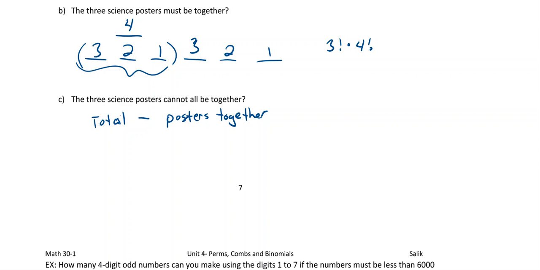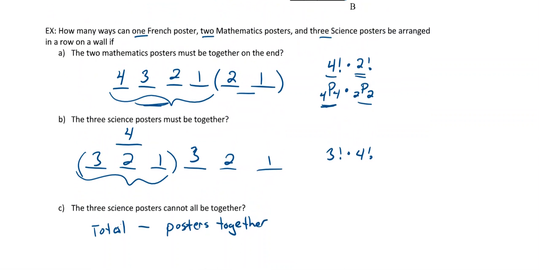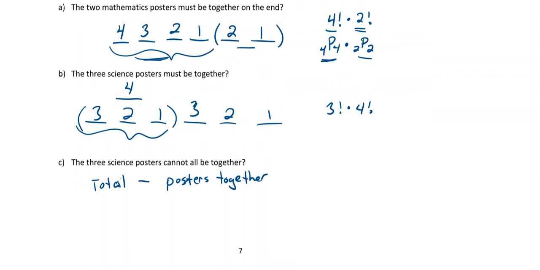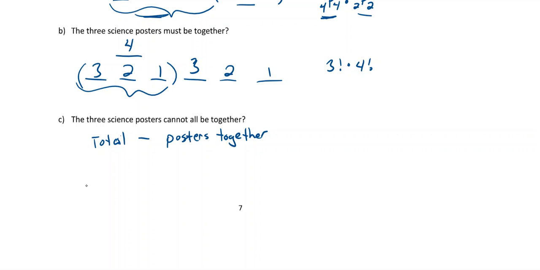So what would the total be? Well, the total would be if I didn't care what kind of posters they were at all. Then there's just 6 posters, and if you were going to draw the blanks, it would be 6, 5, 4, 3, 2, 1, right? That's just 6 factorial. So 6 factorial is my total, minus the posters together.